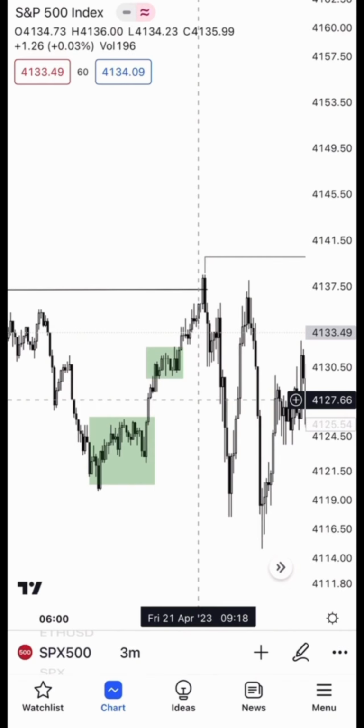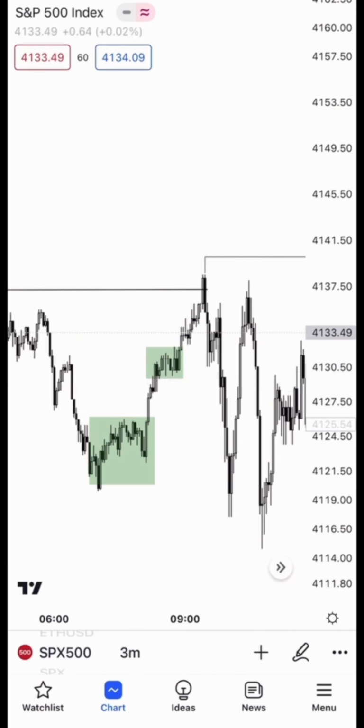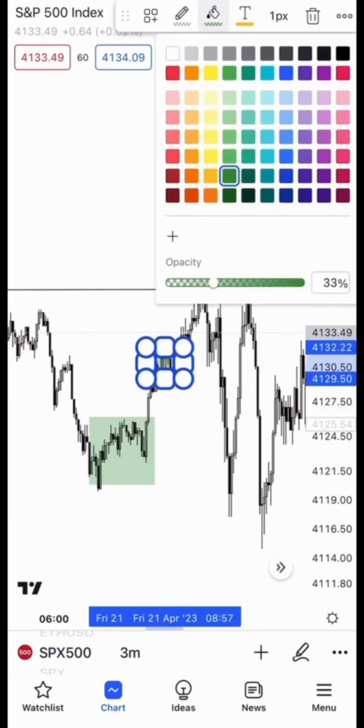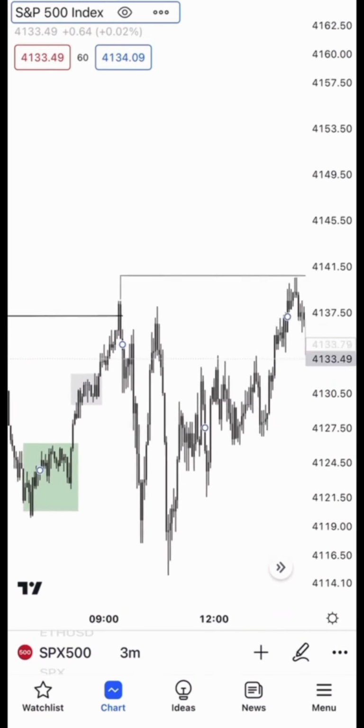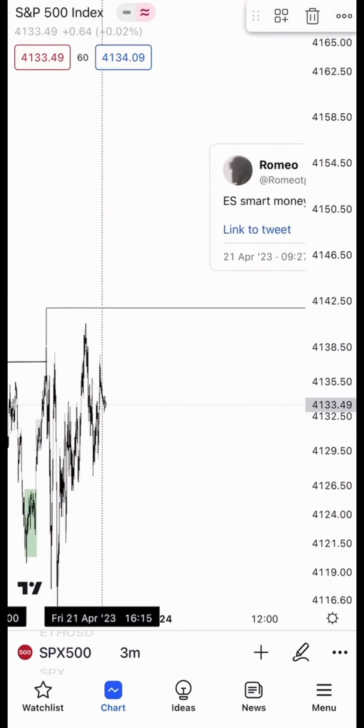Around 9:30 exactly, we had ES hitting a previous day's high and NASDAQ forming SMT at the same time. So that is exactly why at that second I had called for a smart money reversal, aka turtle soup.